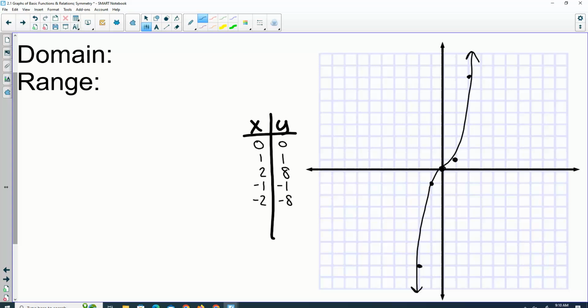Here's my graph. My x cubed kind of looks like a chair. Domain. As we go from left to right, what x's does this hit? What y's do we hit?